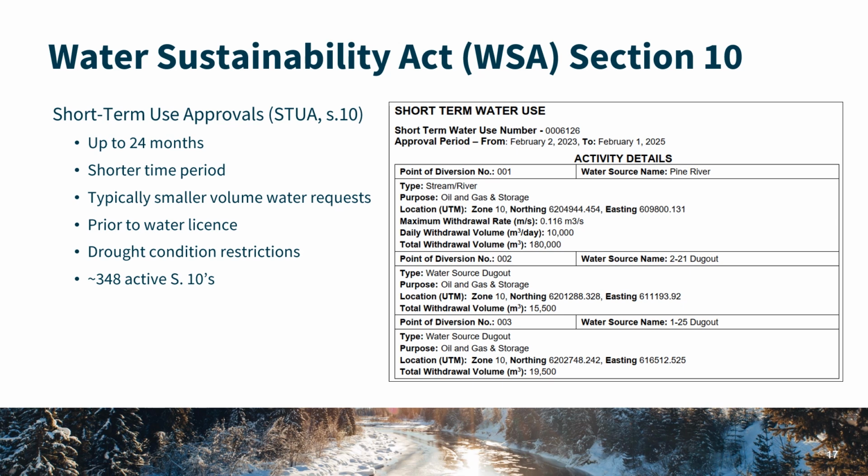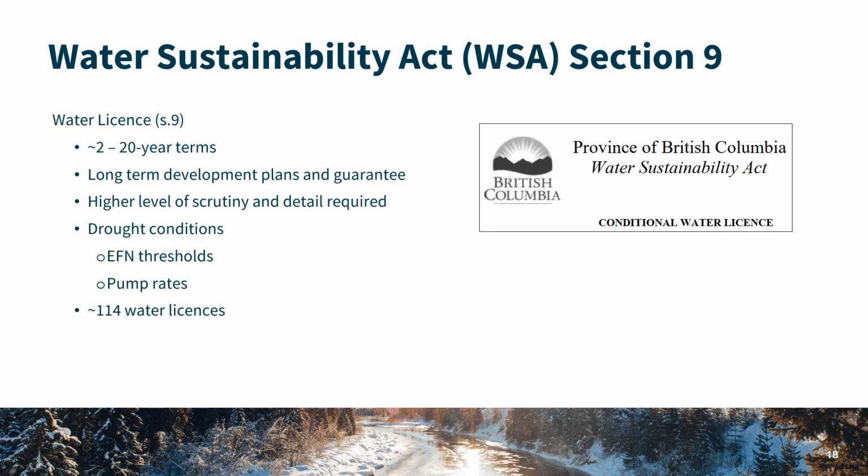The next is the longer term, the Water Sustainability Act Section 9 licenses. These typically go from 2 to 20-year terms, and they facilitate longer term development plans and are more of a guarantee because they will get cut off last comparatively to a Section 10.